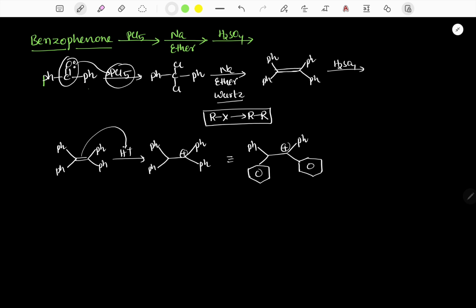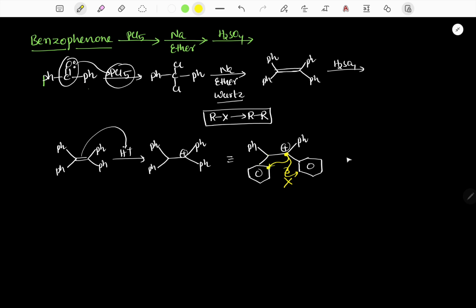If I see the structure, immediately I should recollect our basic reaction, that it is an electrophile. So the electrophile can attack on the benzene. But this would be a 3-member ring, that's why not favorable. But here, 1, 2, 3, 4-member ring, it is favorable.